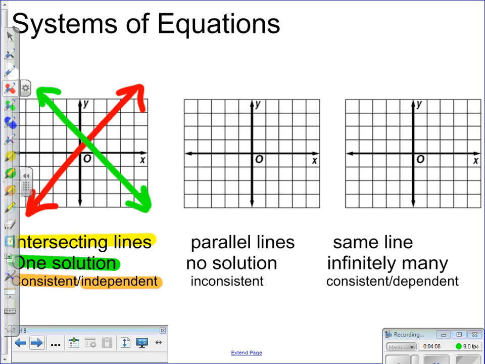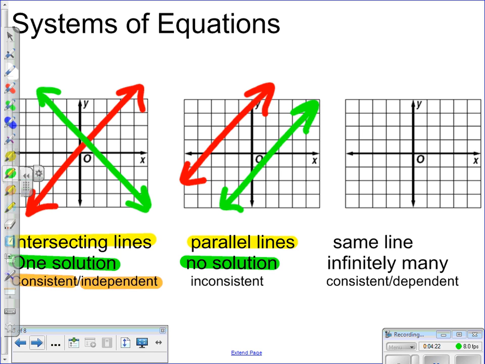Now, the second option would be to have two lines that are parallel. Parallel lines have no solution and are inconsistent as a system.